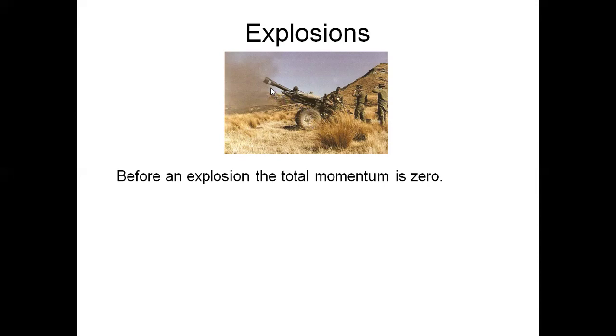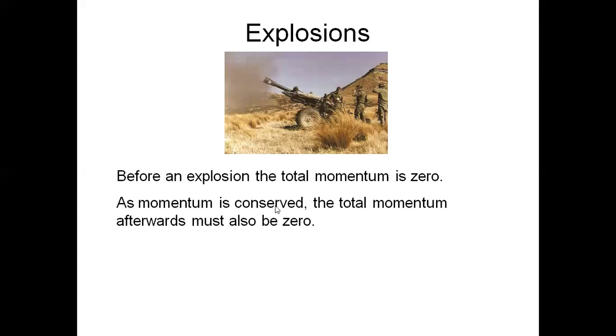But after the cannonball is fired, the ball moves in leftward direction and that will apply a push on the cannon, and the cannon will move towards the right side. So total momentum before is 0, and total momentum after will also be 0. Momentum is conserved.